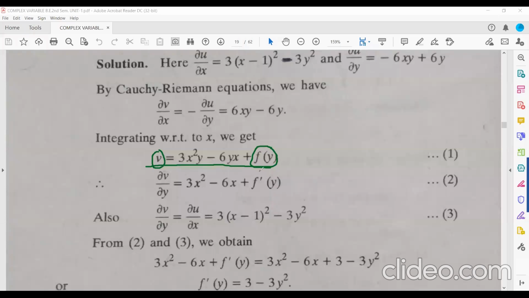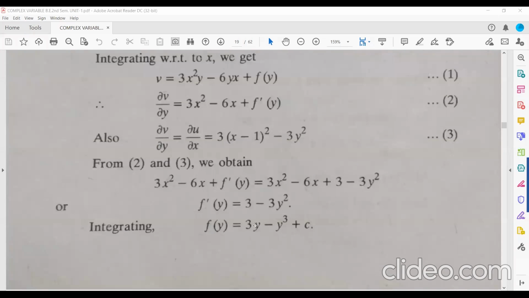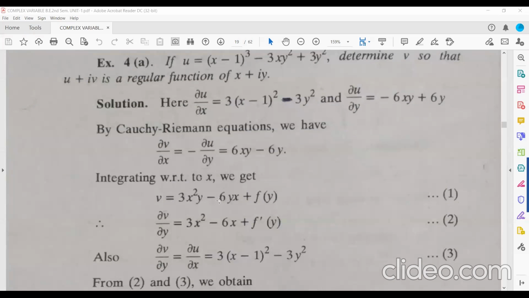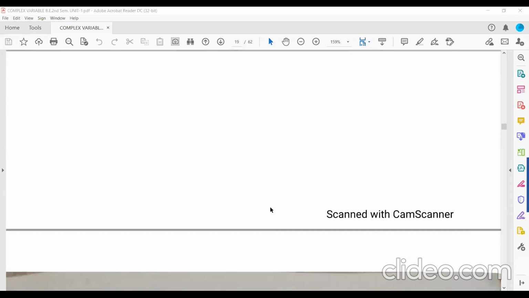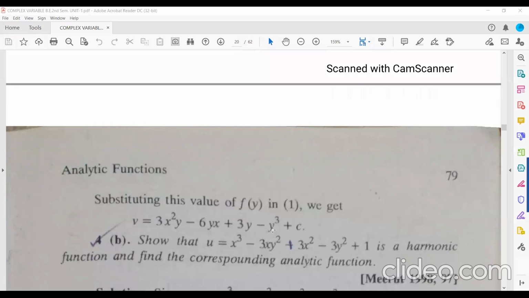Just in place of f of y, put it here, you will get your v. So what is f of y? 3y minus y cube plus c. So just substitute here. After substitution, you will get this equation. So this is your v.